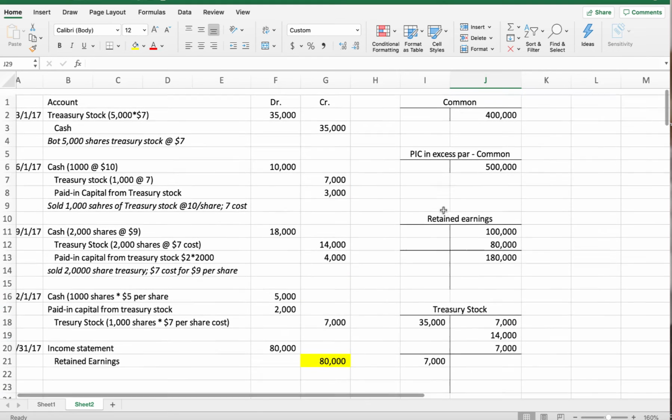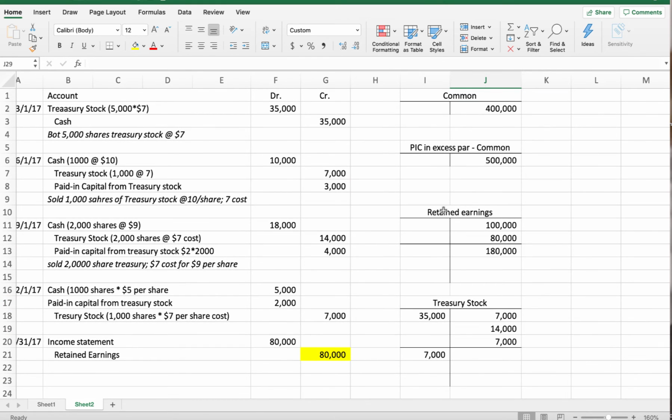Now the last thing we need to do is prepare our stockholders' equity section for Hawthorne Company. Again, please pay attention to how we're setting this up.